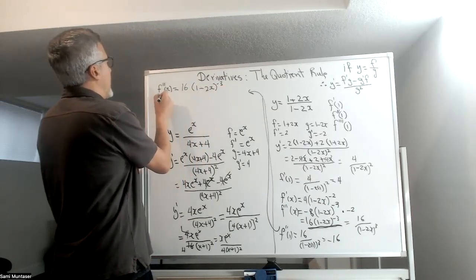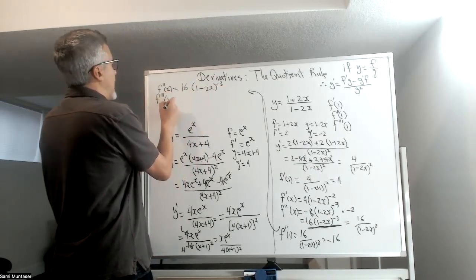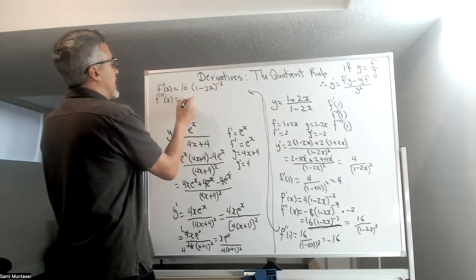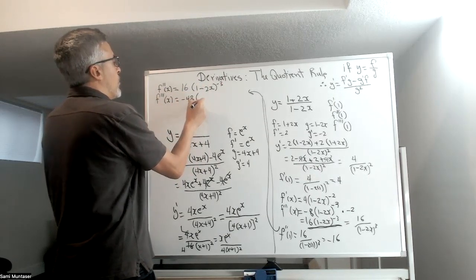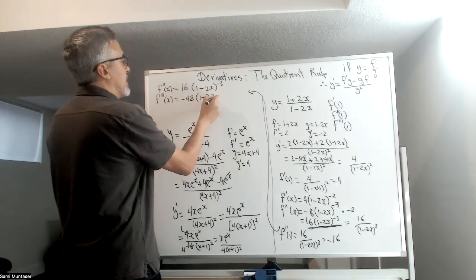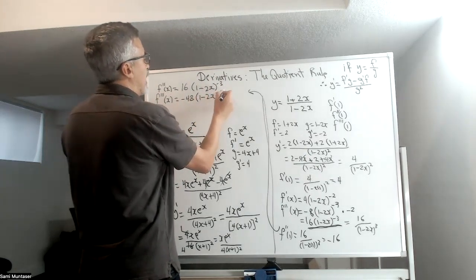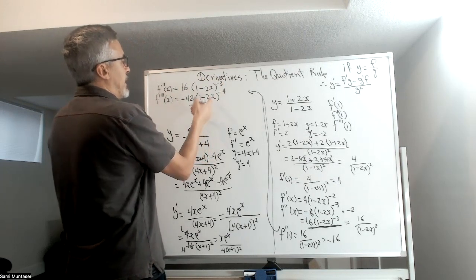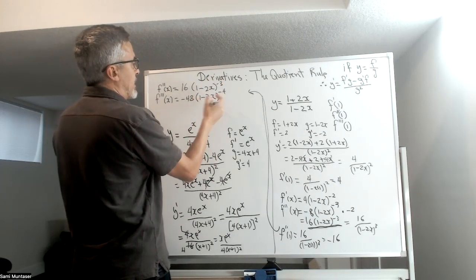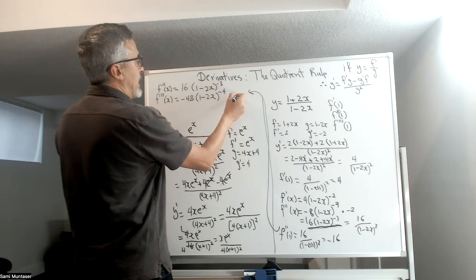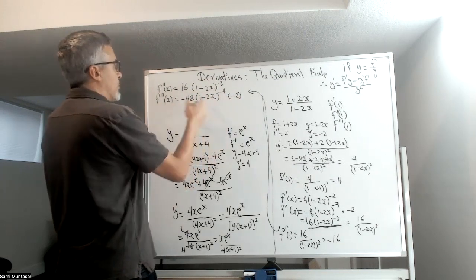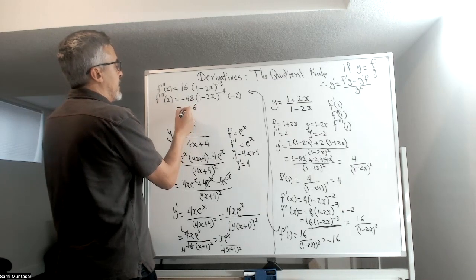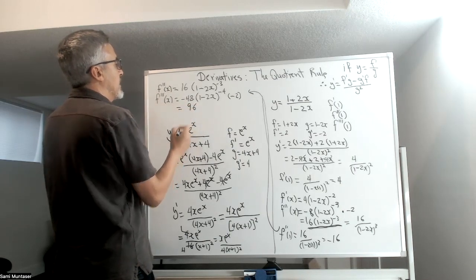So f triple prime, the third derivative of x, equals, you bring the negative 3 times 16, that's negative 48, times 1 minus 2x to the power of negative 4, because you take away 1 from the exponent. And then you go on the inside and take the derivative of the inside, which is going to be negative 2 again. Negative 2 times negative 48 is going to be positive 96.